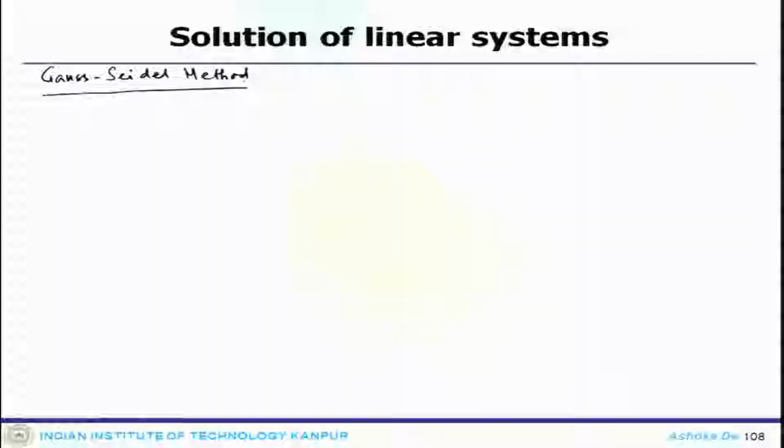This is another popular method which can be slightly better than Jacobi because it has better convergence characteristics over Jacobi, and it also uses less memory. So, memory wise it is also less expensive.